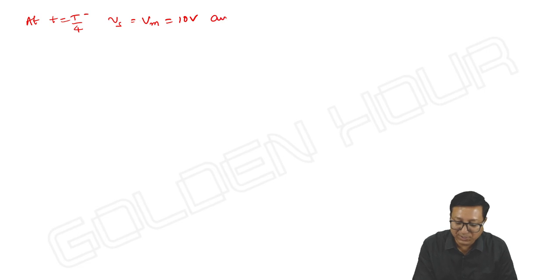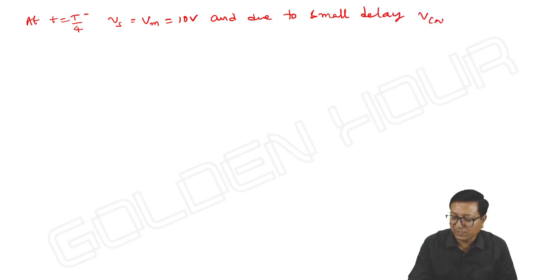And due to small delay, V capacitor is not exactly equal to Vm. It may be some 9.9 volt like that, assuming ideal diode.